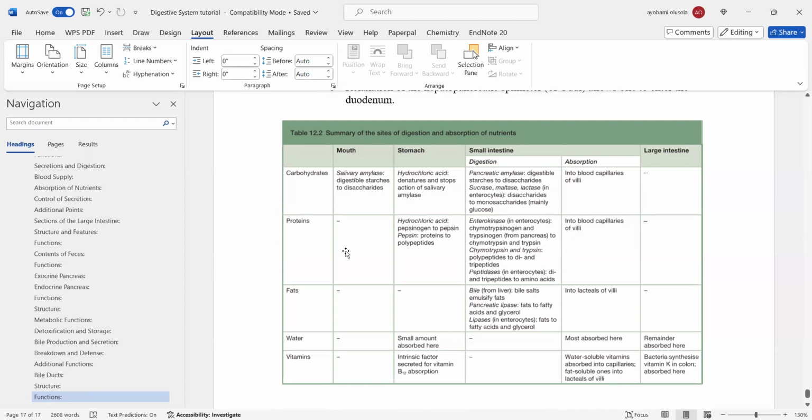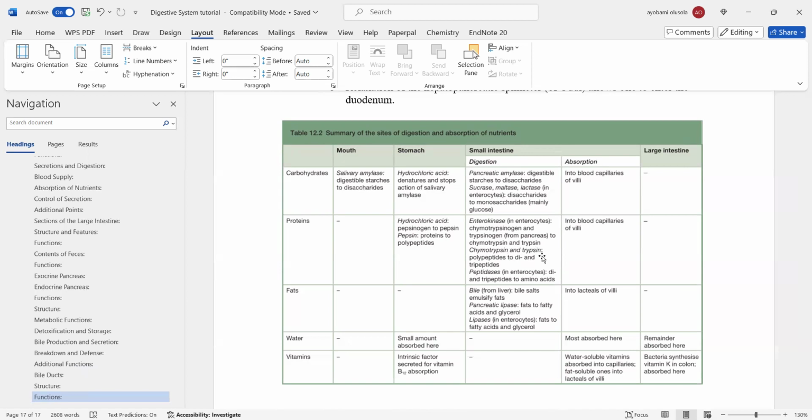Proteins. The digestion of proteins does not start in the mouth, it starts in the stomach. So what happens? The parietal cells produce hydrochloric acid, which helps to convert pepsinogen into pepsin. Pepsin now digests proteins to polypeptides. Then in the small intestine, there are enterokinases in the enterocytes, and chymotrypsinogen and trypsinogen from the pancreas.